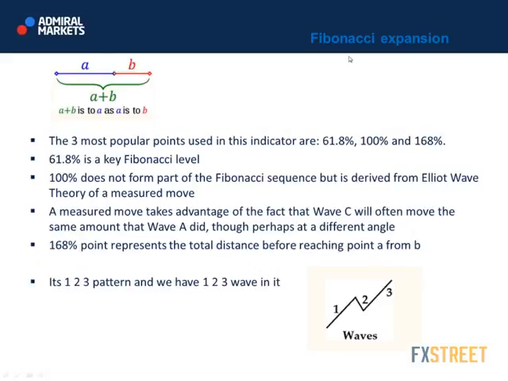Let's talk a little bit about the nature of Fibonacci expansion. Let's say, for example, that we have A and B, and that is the same line, but we have basically divided the line into point A and point B. Now, A plus B is to A as A is to B. So that is the basic logic behind Fibonacci expansion.